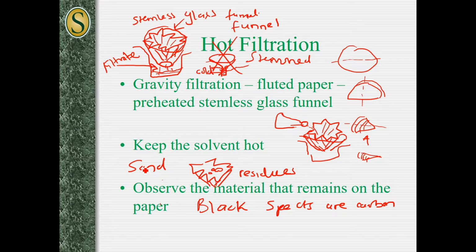Let me write it down so you know what I'm talking about. The sand impurities will also be trapped in there. The carbon residue will also be trapped in there. Those are insoluble. Now in the filtrate, you're going to have three things. You're going to have benzoic acid. That's one.